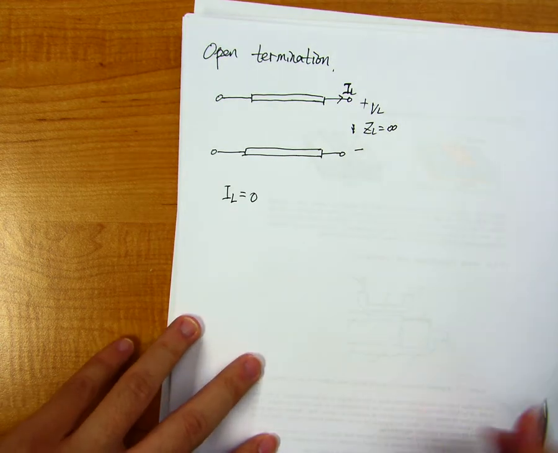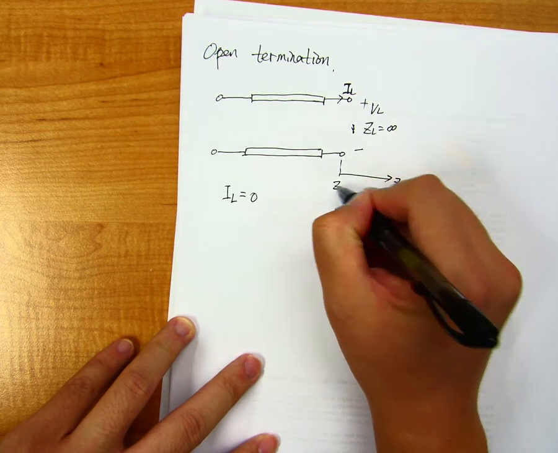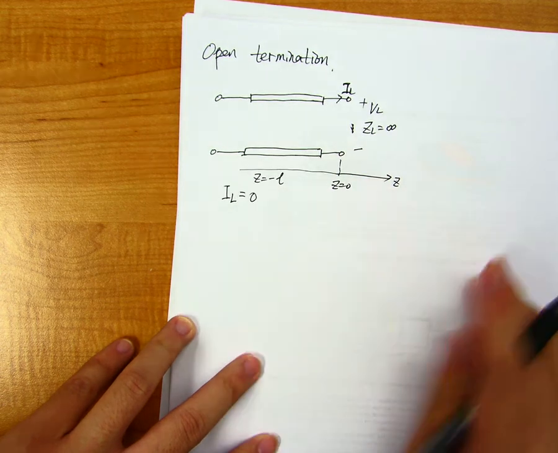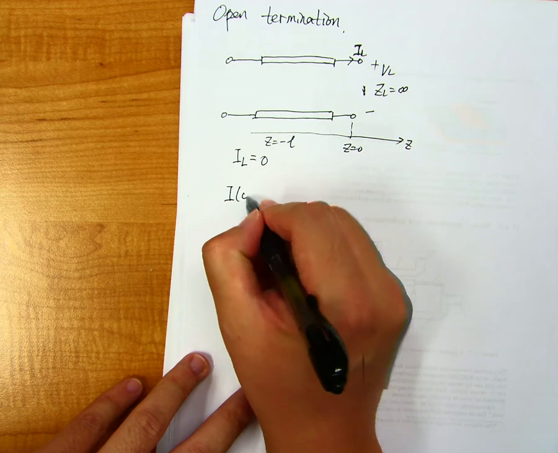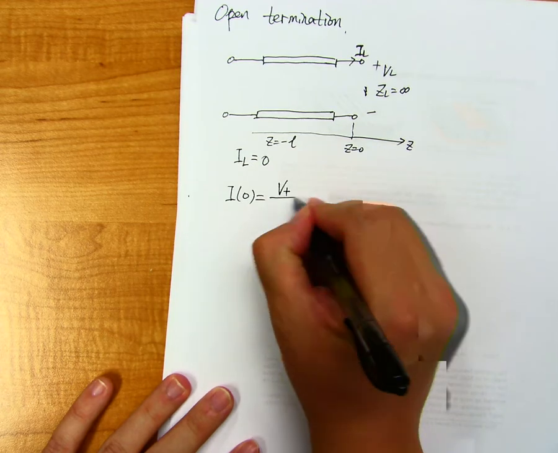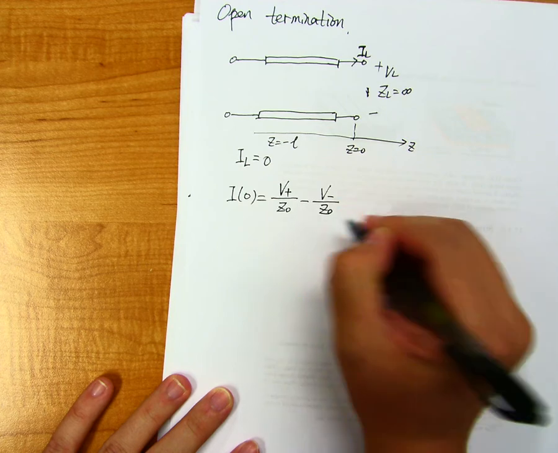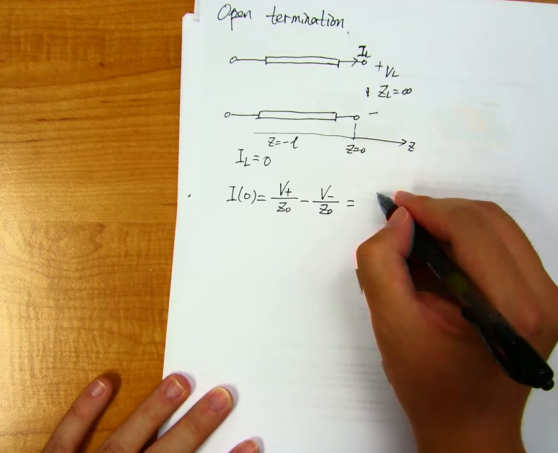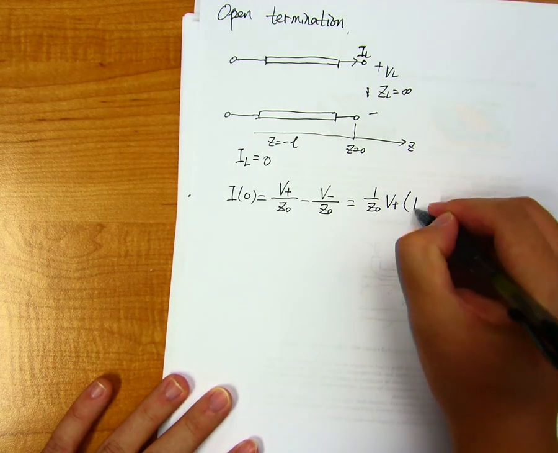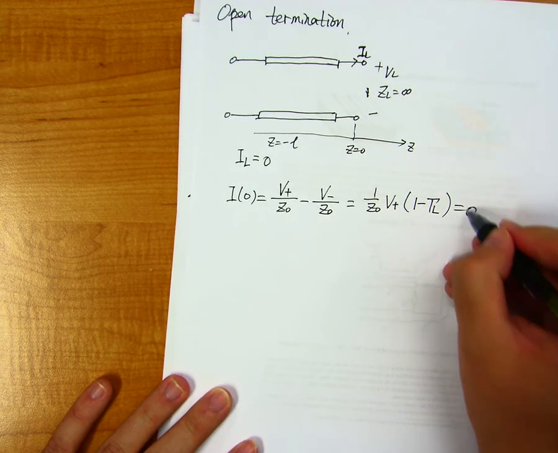Which means, again, if we have this z-axis here, this is z equals 0, z equals negative L. Again, I of 0 is equal to V plus over Z naught minus V minus over Z naught, which is 1 over Z naught V plus times 1 minus gamma L, which is equal to 0.